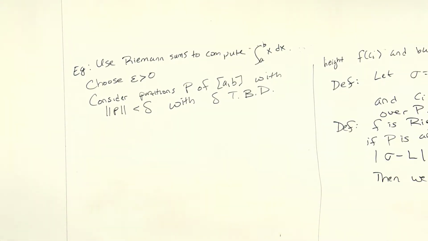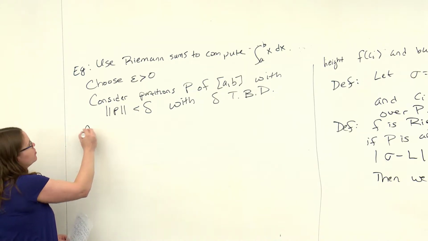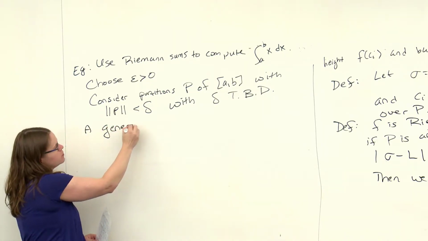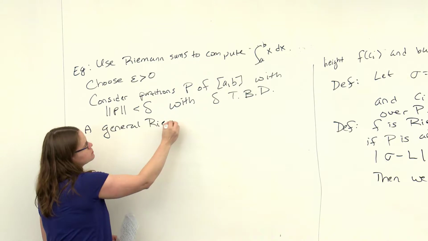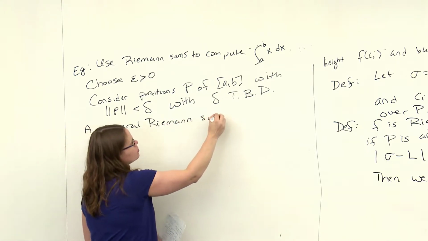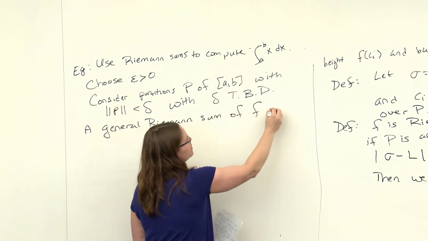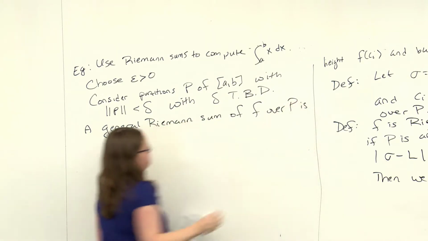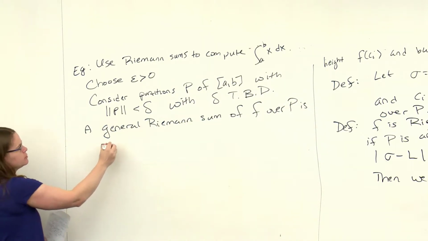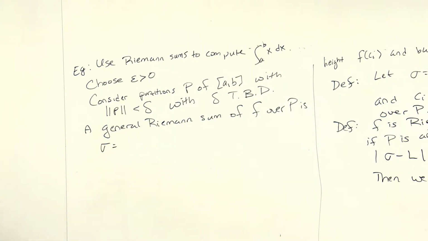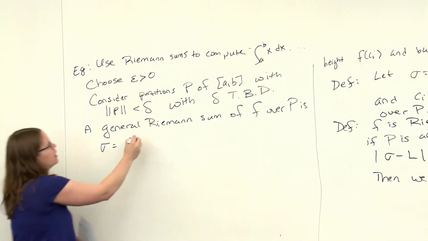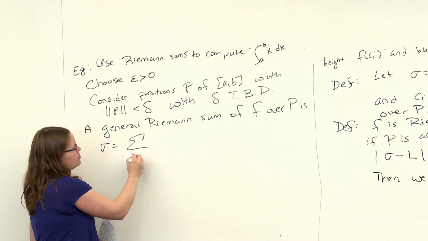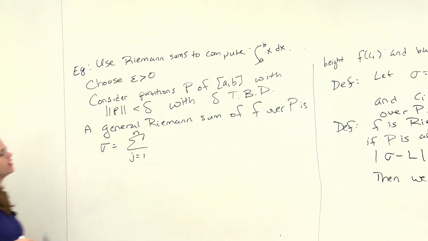Okay, so let's write down the general Riemann sum. A very general Riemann sum of f over P is, again, we add up over all of these little intervals that we've created.